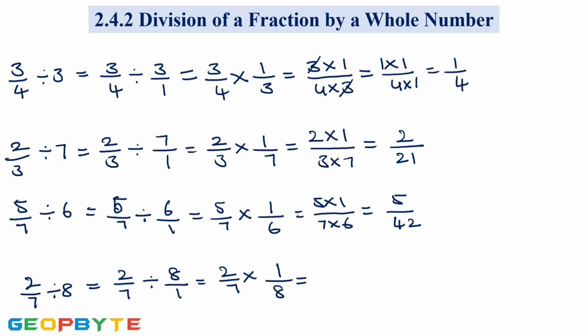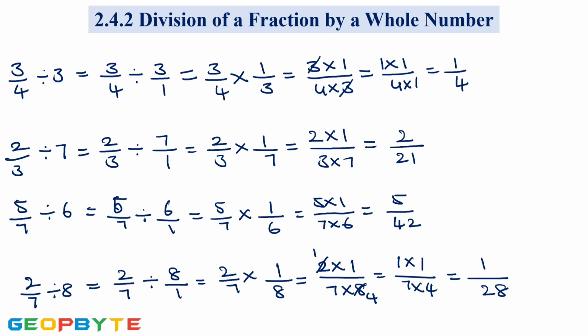Now these are two fractions, so we perform the multiplication on them. The product of numerators is 2 into 1 and the product of denominators is 7 into 8. Here 2 ones are 2, 2 fours are 8. So that is 1 into 1 by 7 into 4, which equals 1 by 28. So the result of 2 by 7 divided by 8 is 1 by 28.